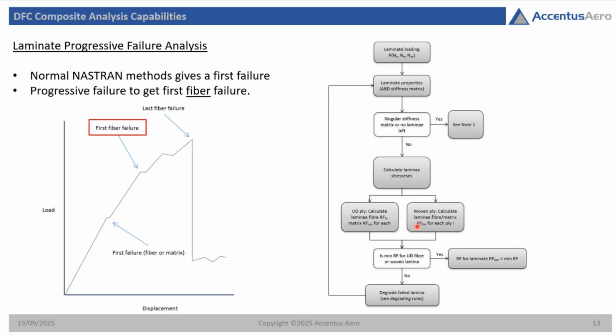If the matrix has the min RF, we degrade the matrix stiffness properties, update the ABD stiffness matrix, and repeat this process until the min RF is for fiber. That gives us our first fiber failure, and the RF obtained there gives us the min RF for first fiber failure.